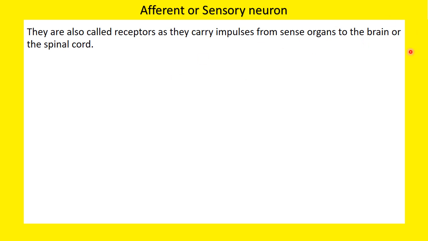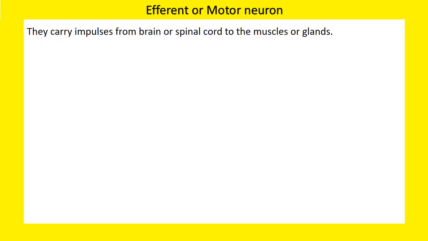Here the meaning of 'or' is based on the action. If the action can be controlled by the spinal cord, it will control it and give a response, or else the action will go to the brain, and the brain will give a response. So this was afferent or sensory neuron. Let's move on to our next slide.